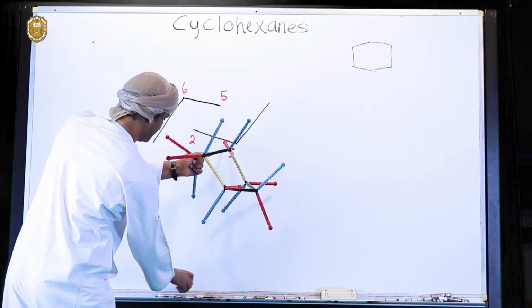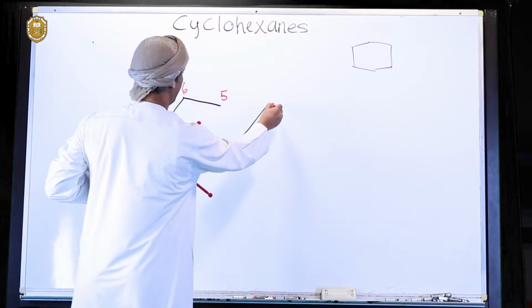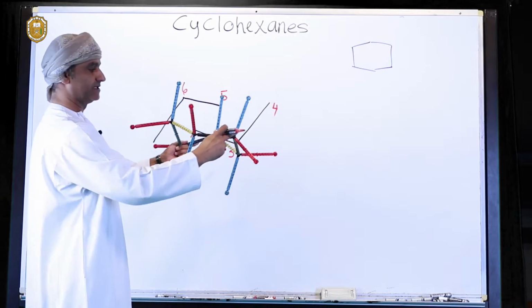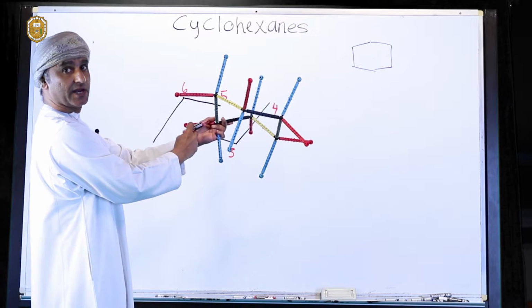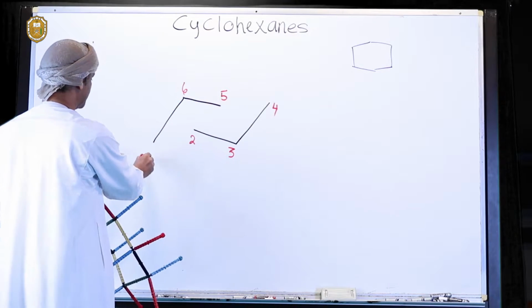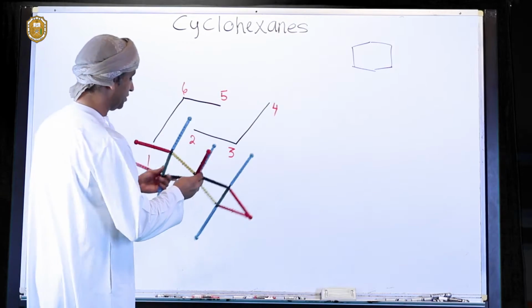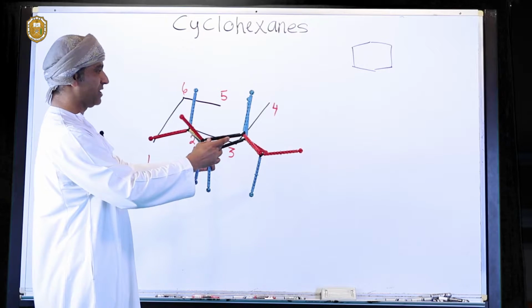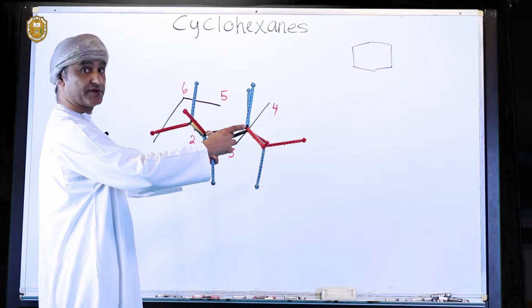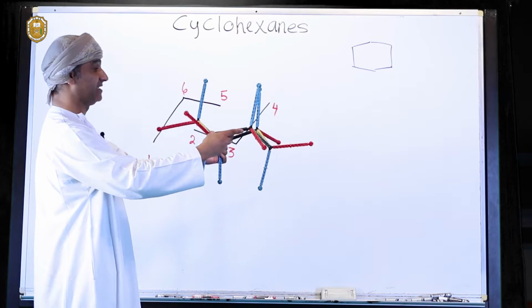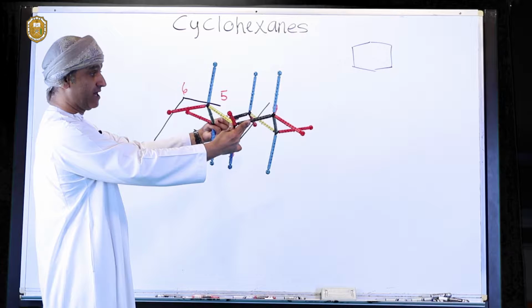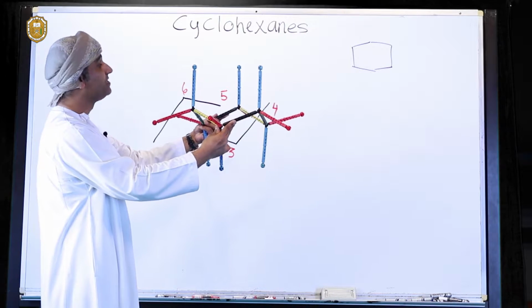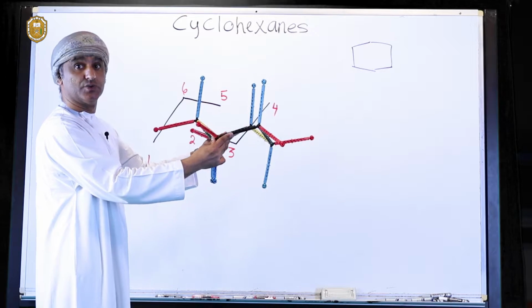Therefore, this is carbon number 4, and this one here is carbon number 1. So what we have just done is we have drawn a bond between 3 and 4 and 1 and 6. And of course, these two bonds are parallel with each other. They are the ones, again, which are shown in black.